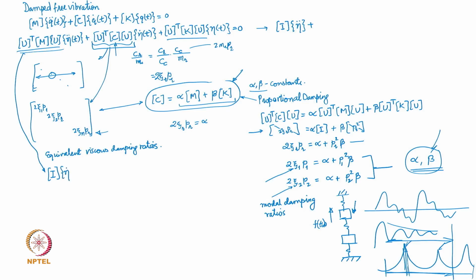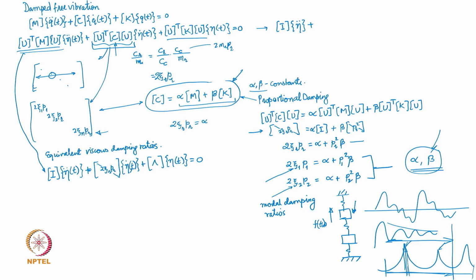We all know that we have equations in the principal coordinate, eta double dot of t, and then I can write 2 zeta r p r as the diagonal matrix for the damping case, and then I have eta dot of t, and plus of course you have a spectral matrix here for the stiffness related term, and that's how the governing equation finally trickles down to.